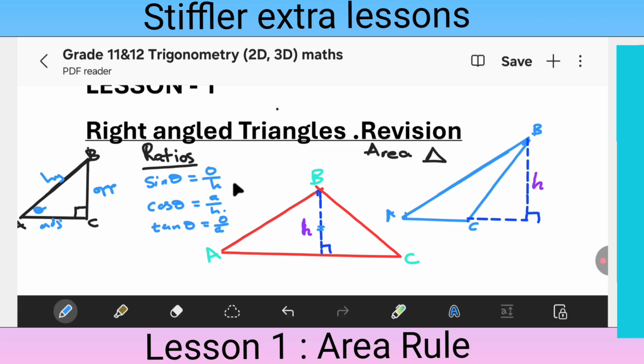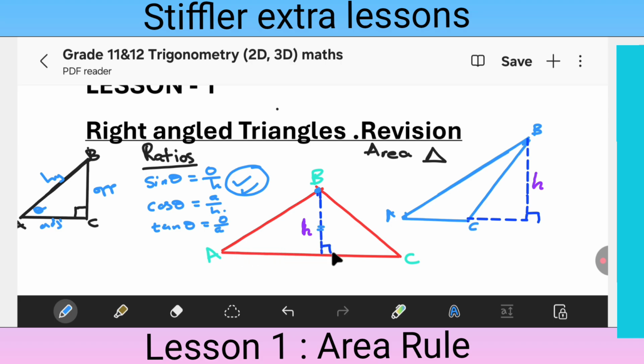Also let me remind you how to find the area of a triangle, mostly if you have the perpendicular height. What is the perpendicular height? It is a line drawn from the apex, the third angle, to the line joining the other two angles, that is perpendicular to it.